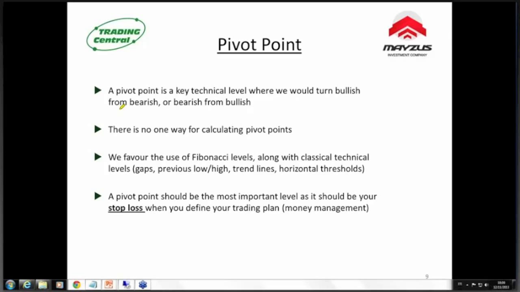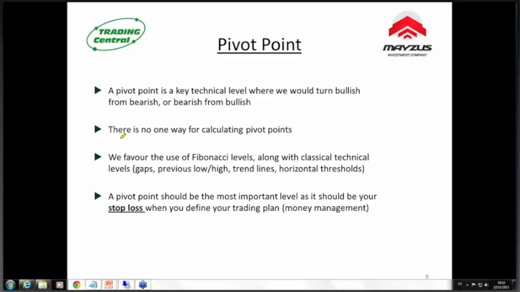So when you choose a relevant pivot point for your stop loss, you should have no regret if your position is stopped out. You can see on several websites several mathematical formulas to calculate a pivot point, and there is no one way of calculating pivot points.